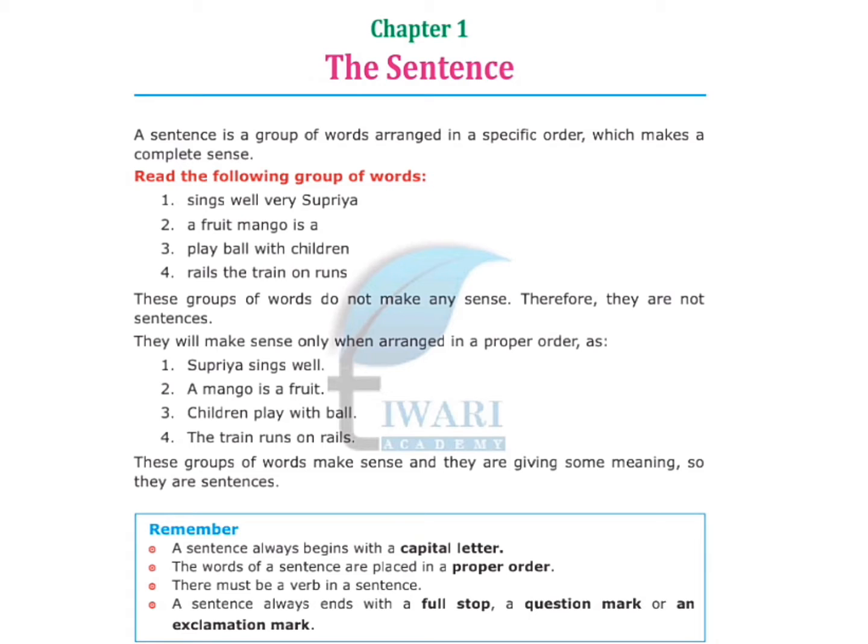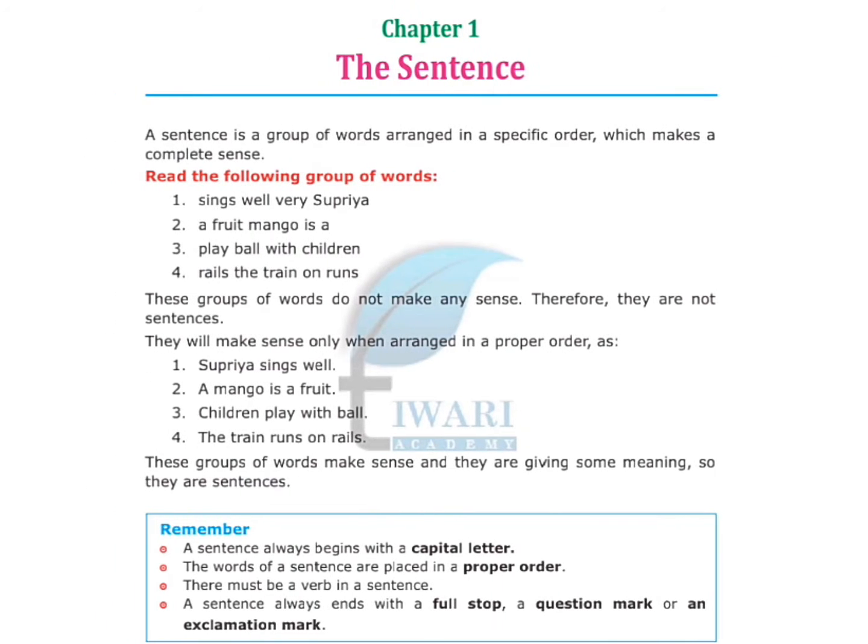Children play with a ball. The train runs on rails. Got it completely? Here four sentences are given, and above they were given in jumbled word order. So you have to arrange them like this. Then they make sense and give some meaning.